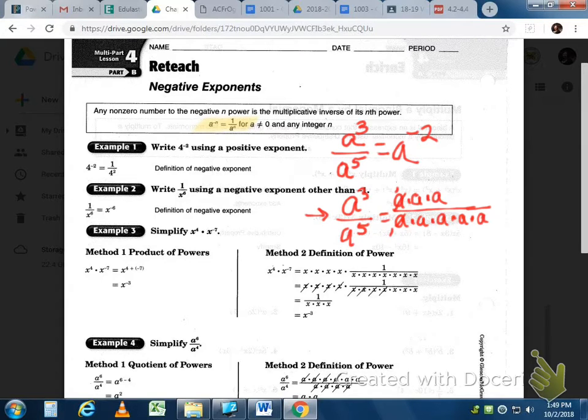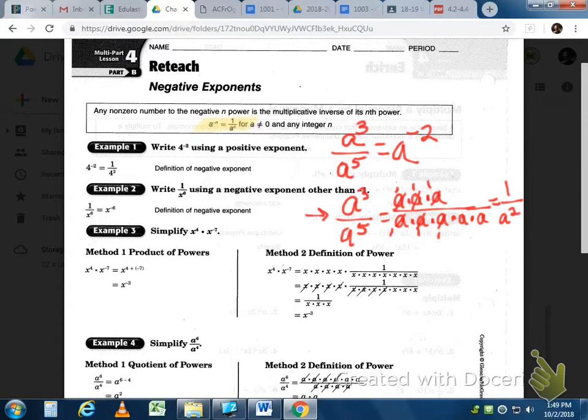Just like we did when we simplified, this set of a's canceled, and this set of a's canceled. If I did that, all of the a's cancel out at the top, and what's 1 times 1 times 1 for the top? 1. And on the bottom, I've got 1 times 1 times 1, and then a times a. What's a times a? A to the second power.